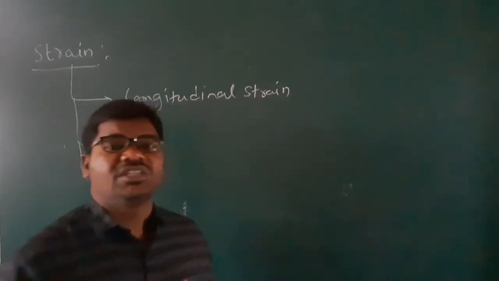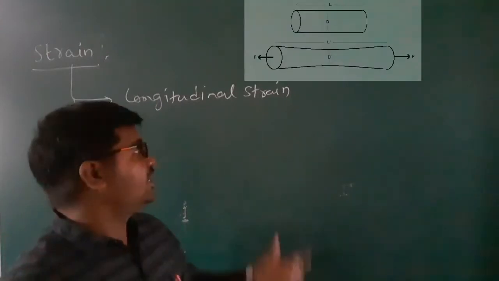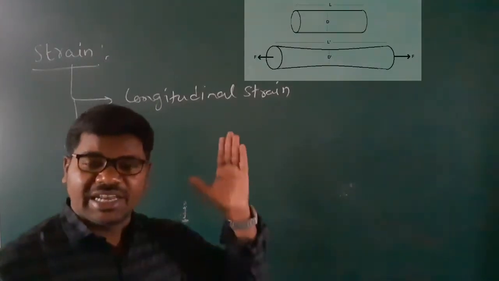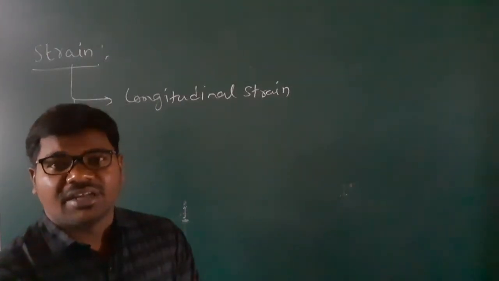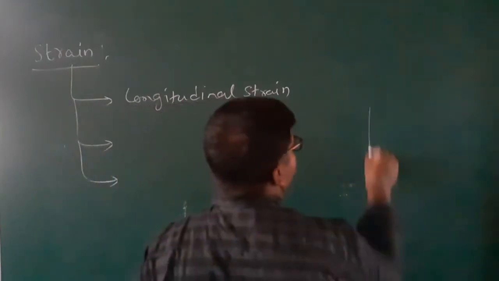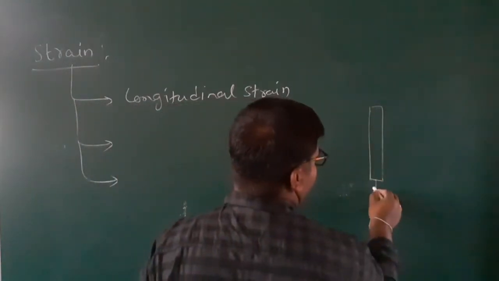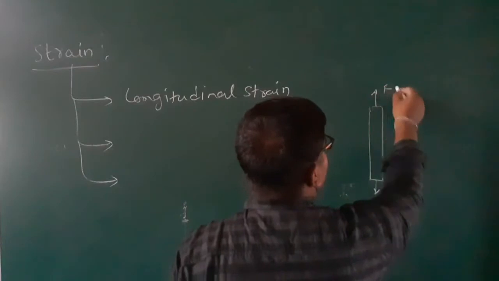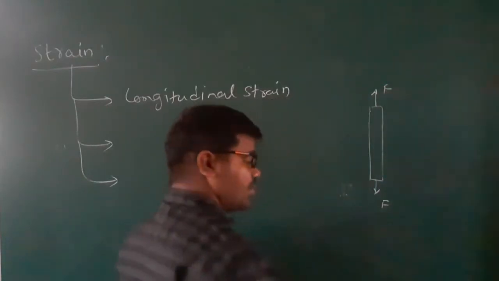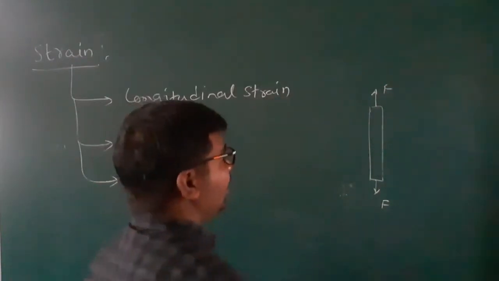Longitudinal means it is length. Understand? So consider a metal rod. We can apply force on both sides, so the length increases.